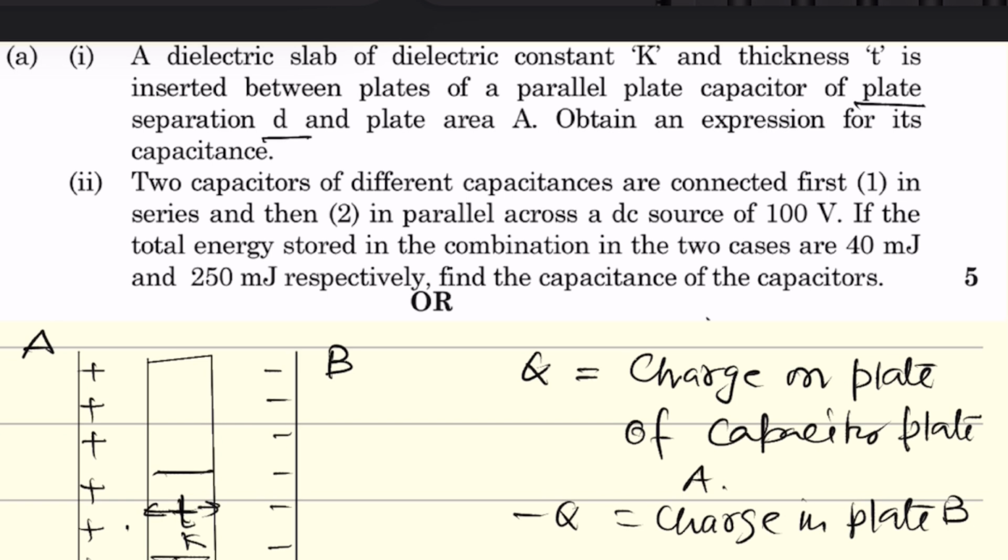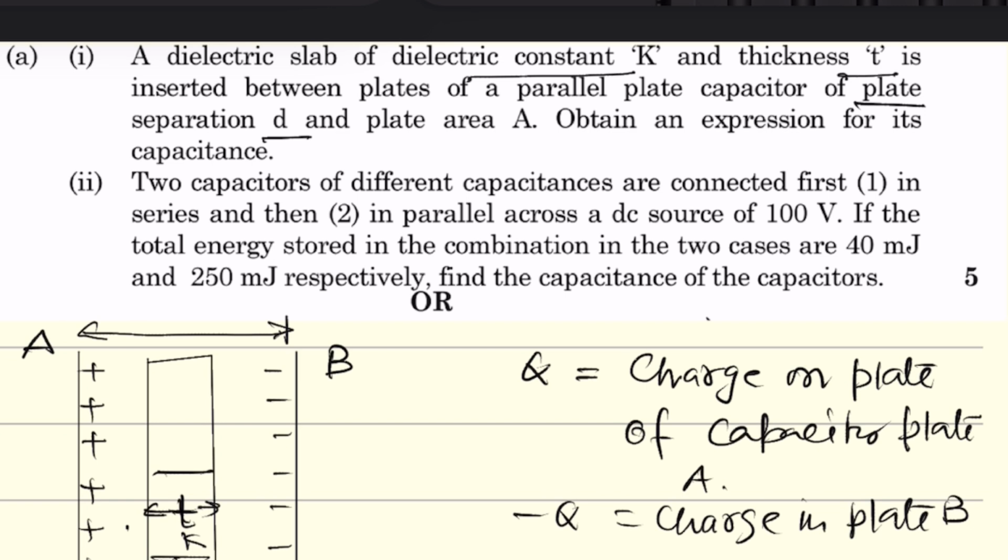So there are two plates, A and B. In the capacitor, one plate is charged, A plate is charged, B plate is earthed. Okay, and the distance of separation between them is d. Now a dielectric slab K of thickness t is introduced.